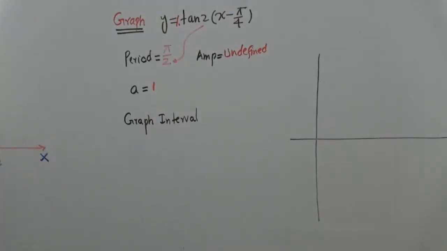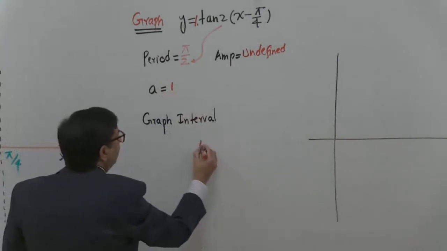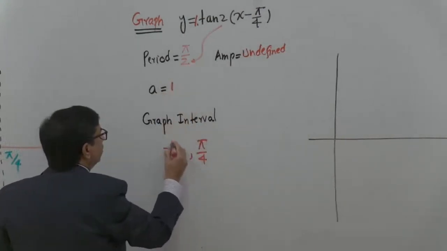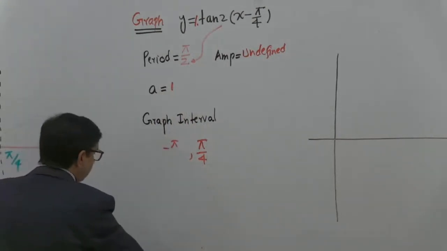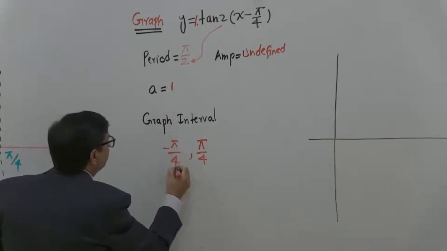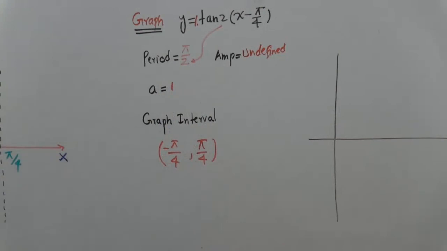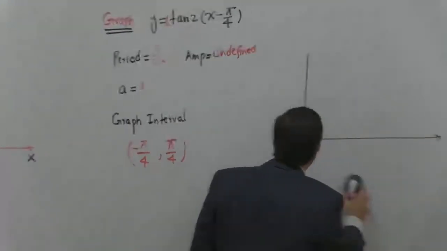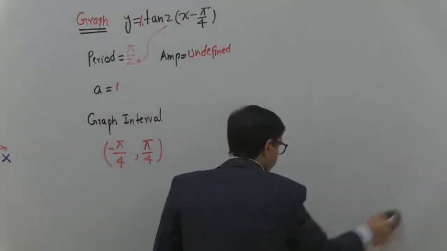How to find the graph interval? Half of this one, pi over 4, divided by 2, just this one, and negative pi over, oh, sorry, this one is tangent, not cotangent, pi over 4. So this is the interval for this one. So if this one is the interval, the graph exists on both sides, you know, if it is a tangent function.